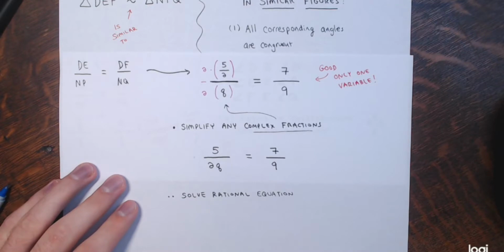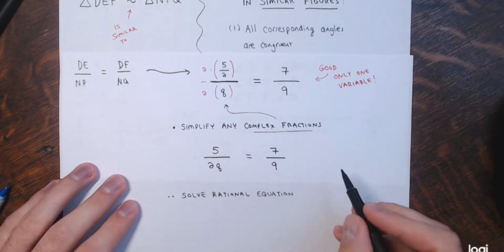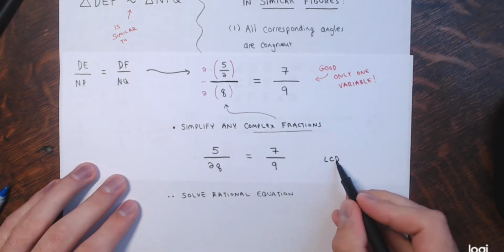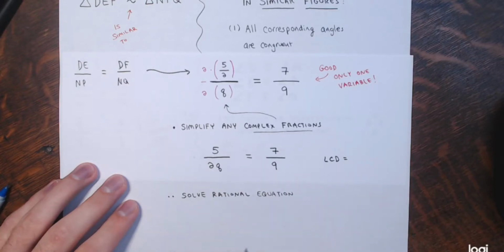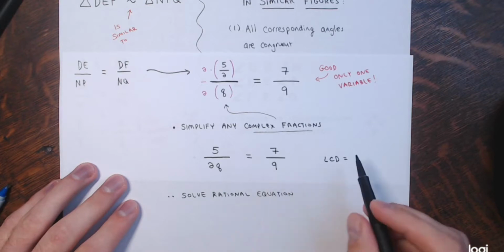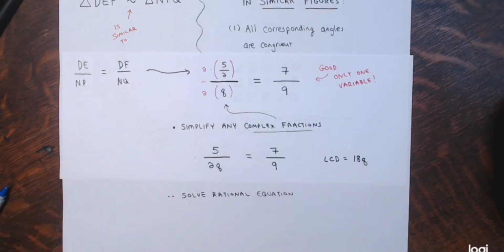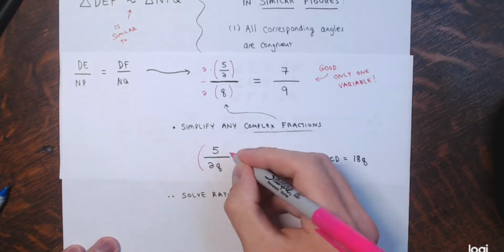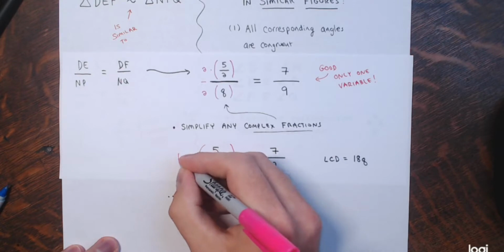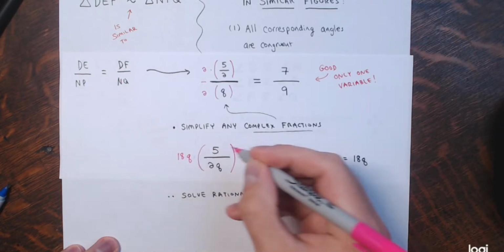So I'm hoping it's obvious here that the LCD for all the denominators in this equation would be 2 times q times 9, which is 18q. And then I multiply both sides by 18q, multiply both sides by the LCD.